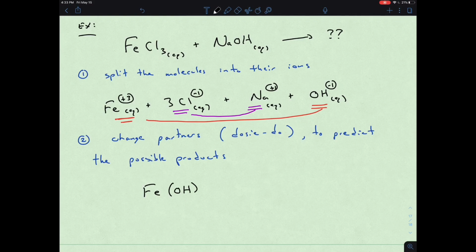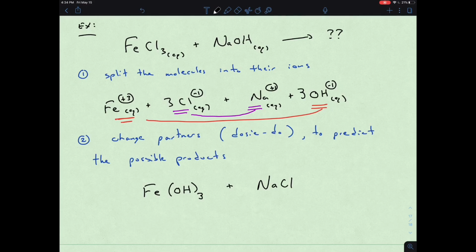Now we should be careful with our stoichiometry. Iron is in the +3 state, hydroxide is -1, so there'd have to be a 3 of those hydroxides there. So we would need to change the stoichiometry above and put that 3 in front of the hydroxide in step 1. And then the other possible product would be sodium chloride.